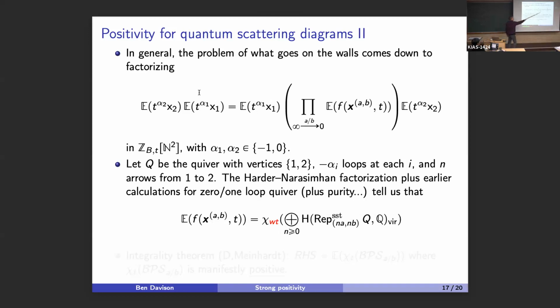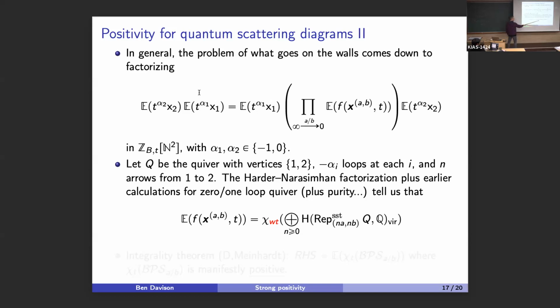Whatever this function is, it's the generating function of the stack of semi-stable representations, the dimension vector passing through AB. So it might be AB, or it might be 2A, 2B, 3A, 3B, whatever.